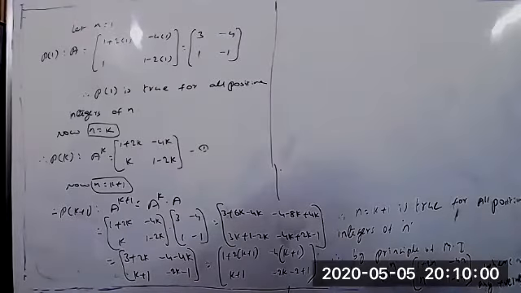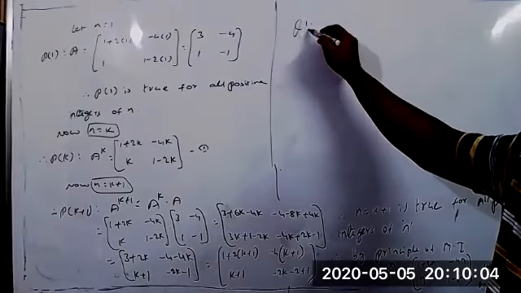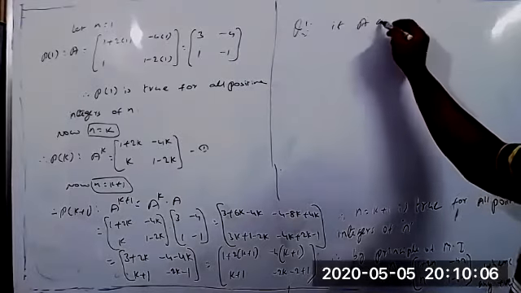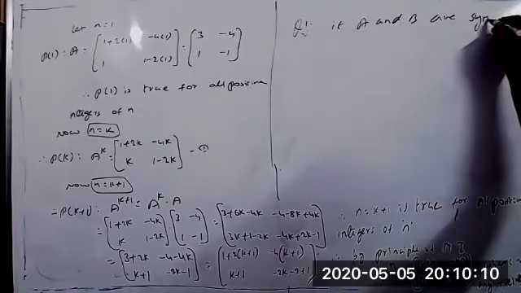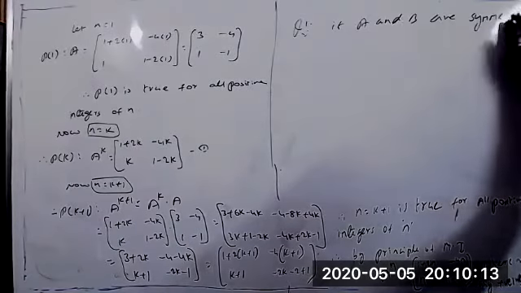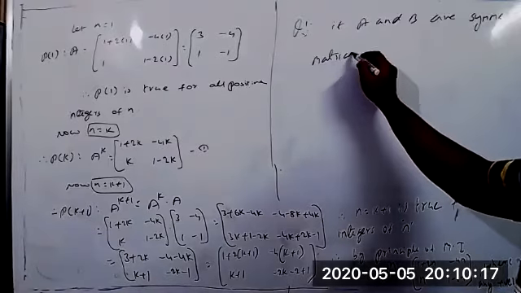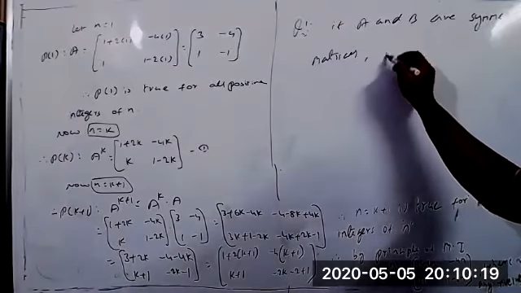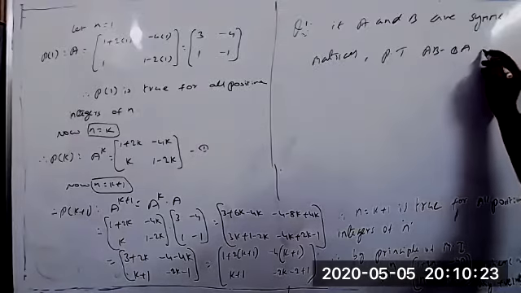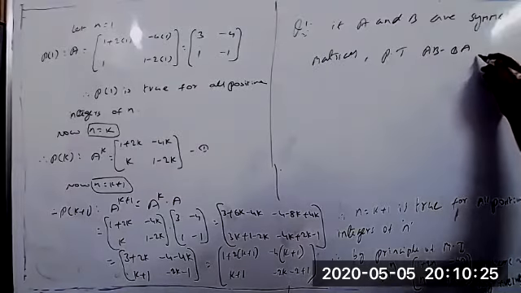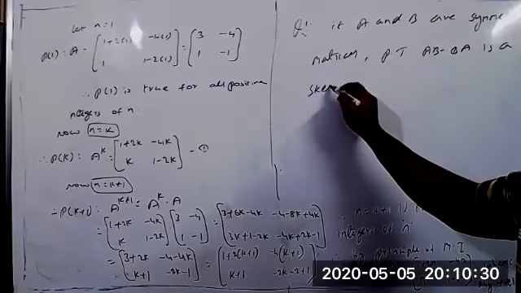If A and B are symmetric matrices, prove that AB minus BA is a skew symmetric matrix.